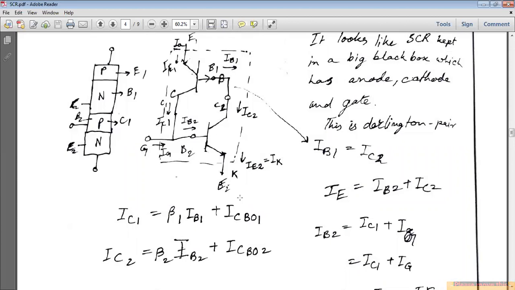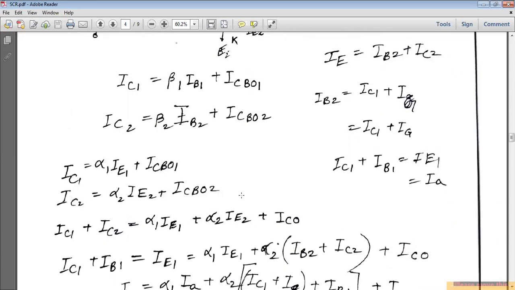Now, IC1 equals alpha 1 IE1 plus ICBO1 and IC2 equals alpha 2 IE2 plus ICBO2.